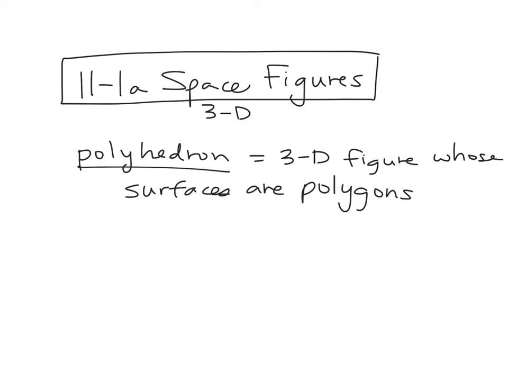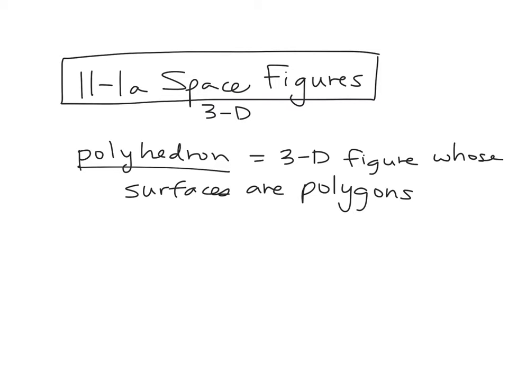You have parallelograms, you have triangles, that's a polyhedron. Okay? This is a polyhedron because all your faces are rectangles or squares. So polyhedron. This is not a polyhedron because it's a circle base, and a circle is not a polygon. This is a cylinder, yes. But this would be a polyhedron. This would be a polyhedron. Anything that its faces are polygons, okay?